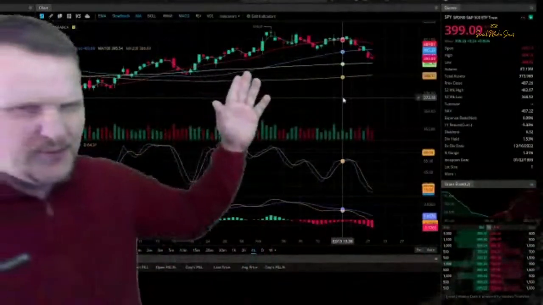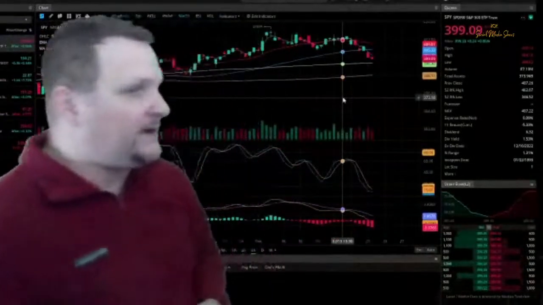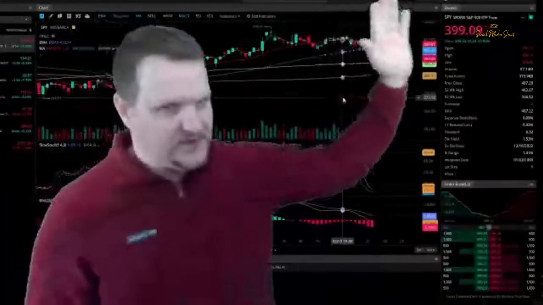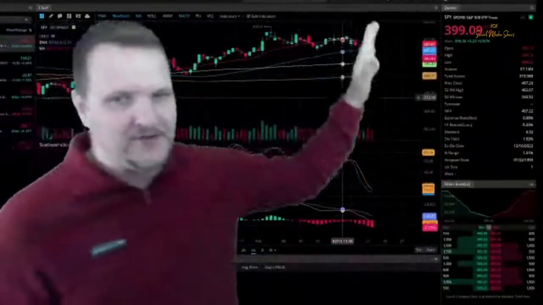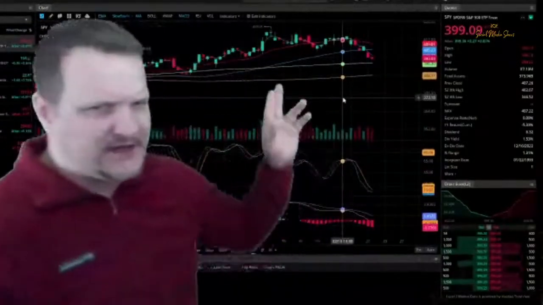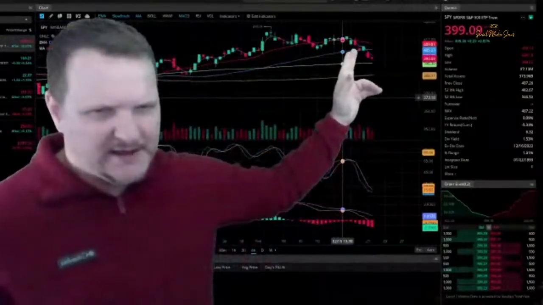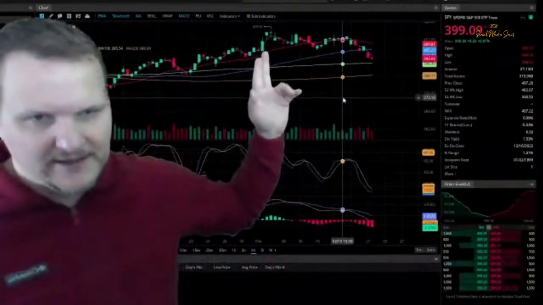You've got these support zones between 405 and 404. They've really held through this consolidation, all of this stuff that was happening through here. You really did bounce a lot off of these spots. That's where you bounced there, that's where you bounced there, that's where you broke out right there.